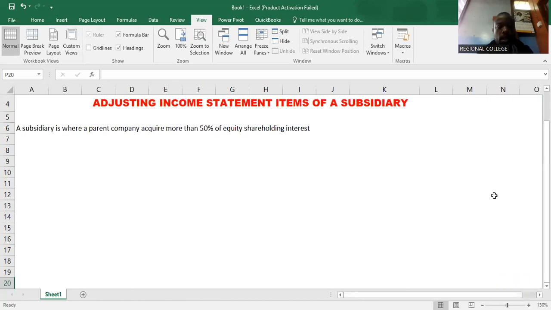So when you're adjusting the income statement, first of all, you have to understand how they structure the income statement you are given, because it will always start with the revenues or the value of your sales. So how do you adjust the revenues?